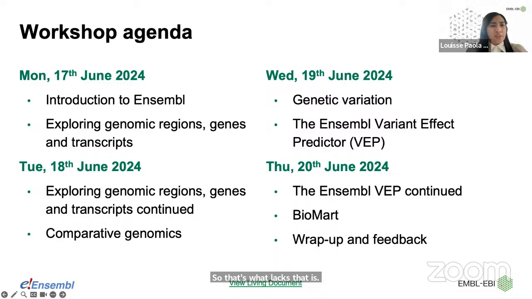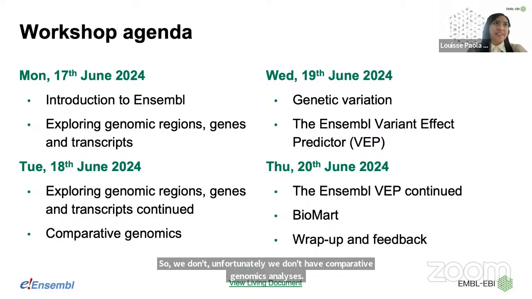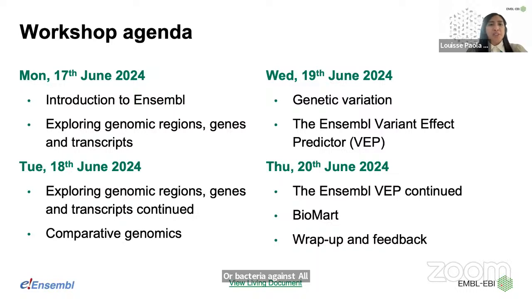And then the next question is, will comparative genomic analysis be the same for bacteria, can we find any complete genomes for analysis and use the synteny to identify similar genes in the bacteria? So unfortunately, we don't have comparative genomics analyses for bacteria against all bacteria, simply because there are too many bacteria available there.